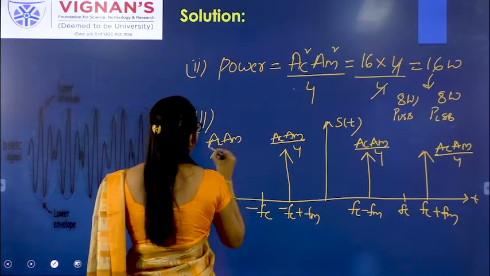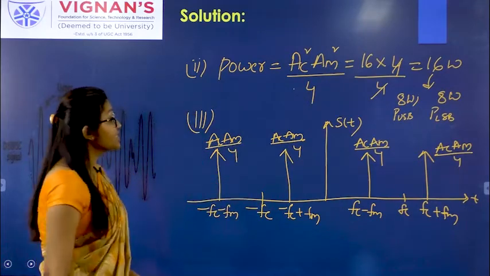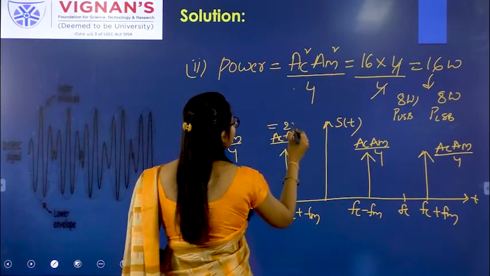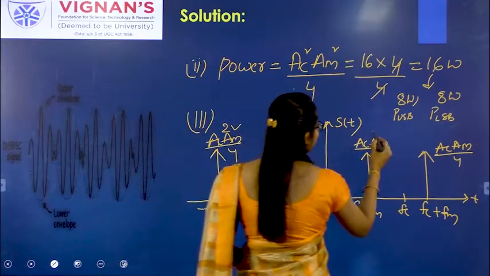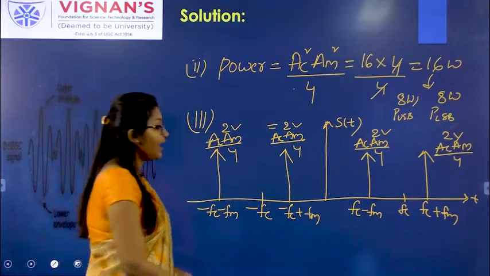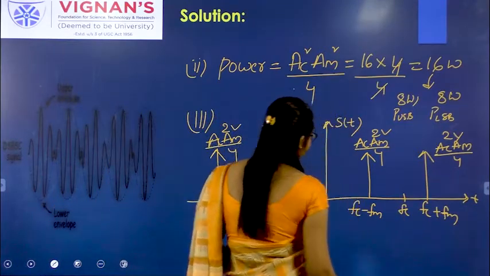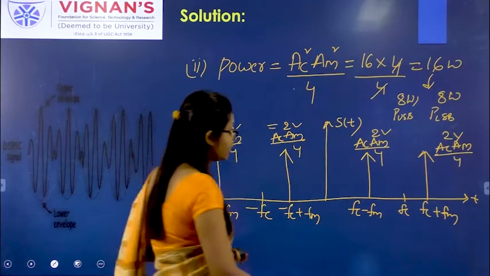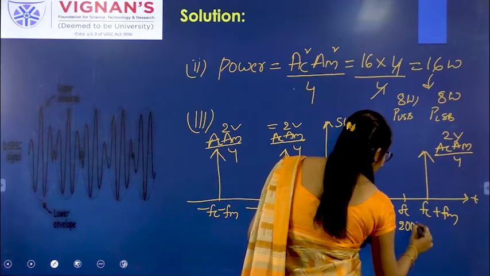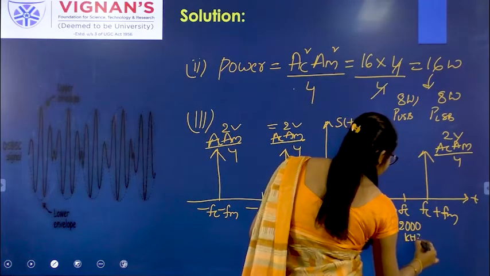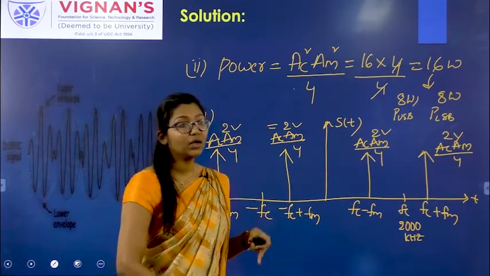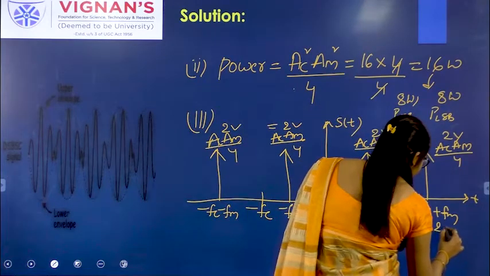So just substitute the values. So what is the AC value? 4 into 2 divided by 4. So total 2 volts here. 2 volts, 2 volts, 2 volts and 2 volts. And what is the FC value? FC value is 2 megahertz. Right? 2 megahertz means 2000 kilohertz I can write FC. And FC plus FM means 2000 kilohertz plus 1 kilohertz, that is 2001.